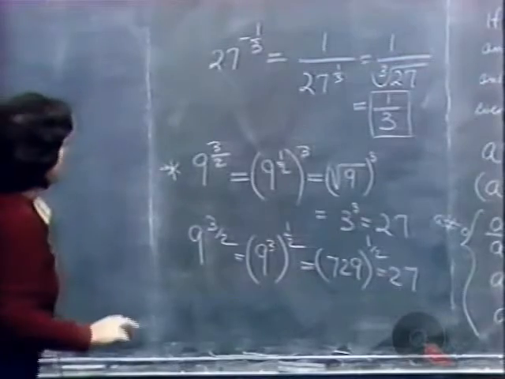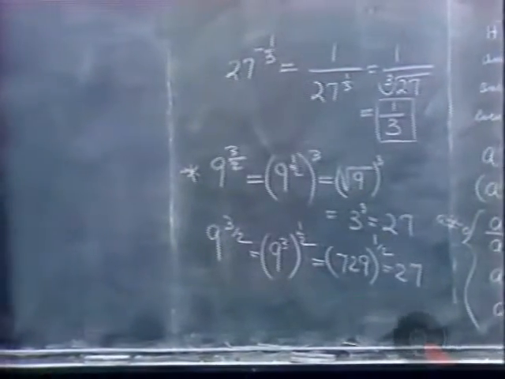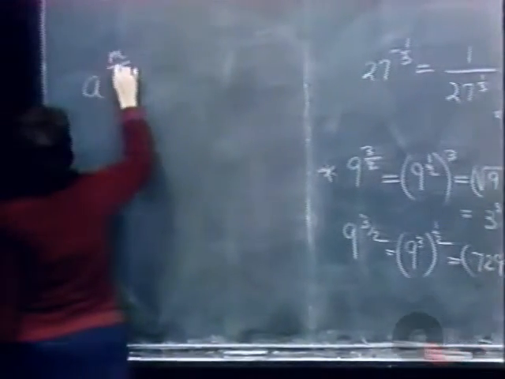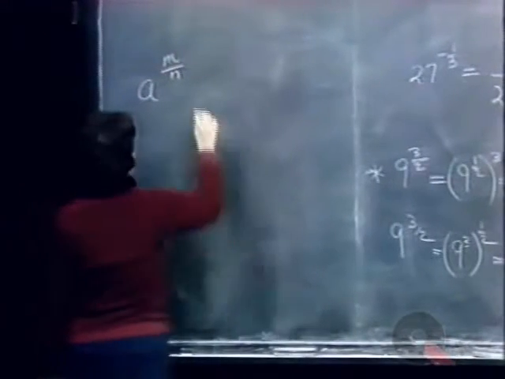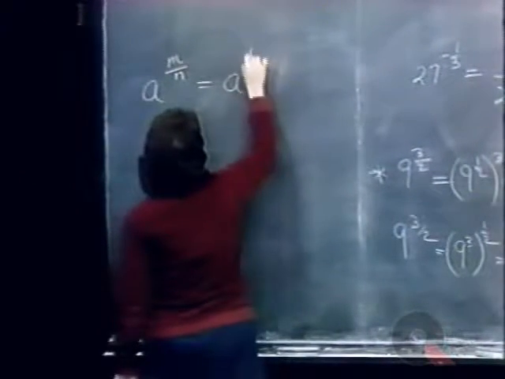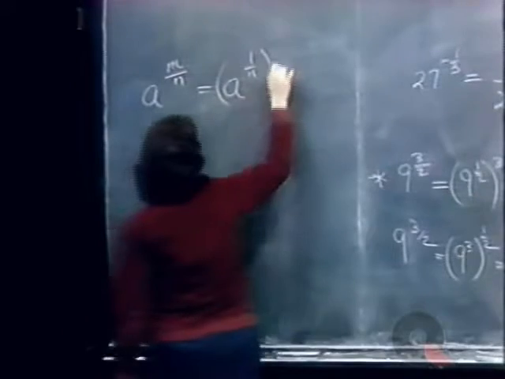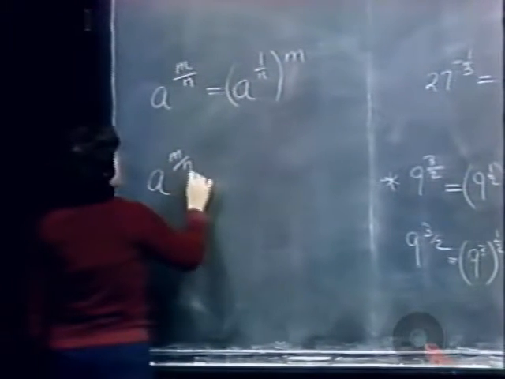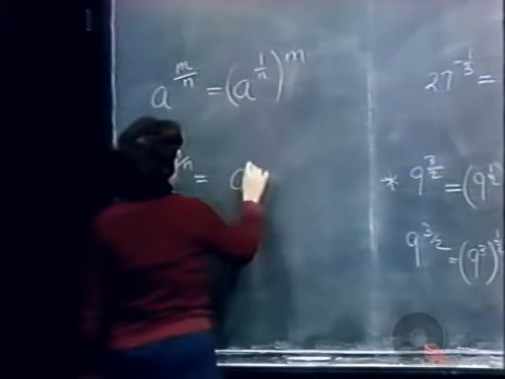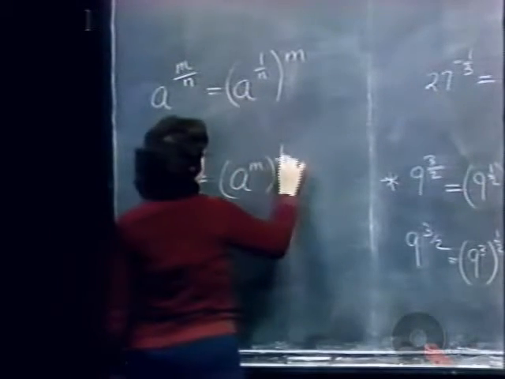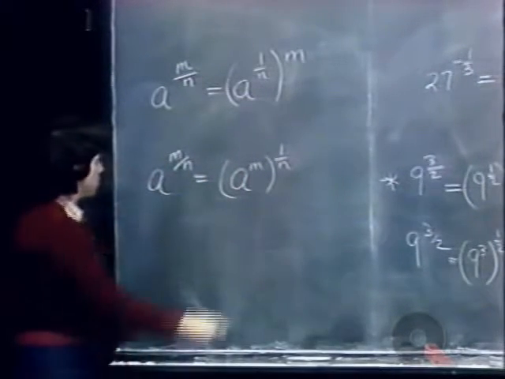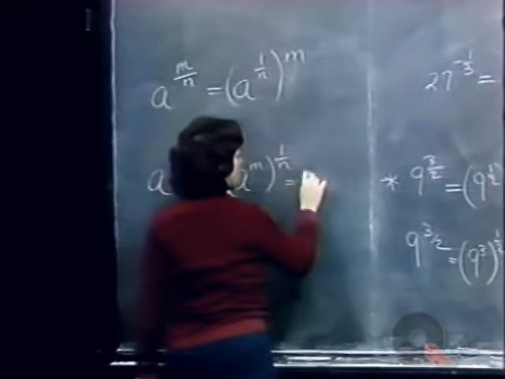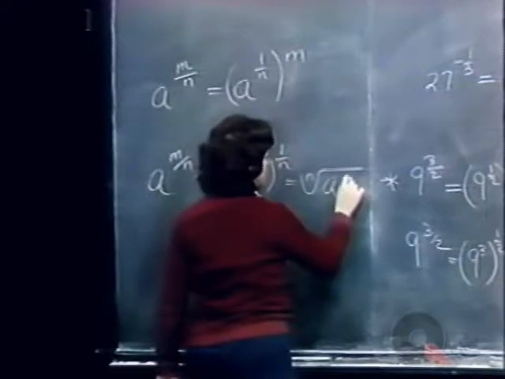So in general, I would say that while a to the m over n could be thought of either as a to the 1 over n to the nth power, or you could think of it as a to the m to the 1 over n power. This means the nth root of a to the m.